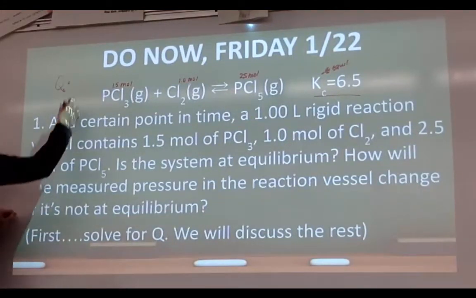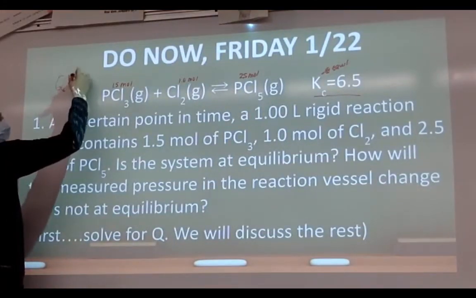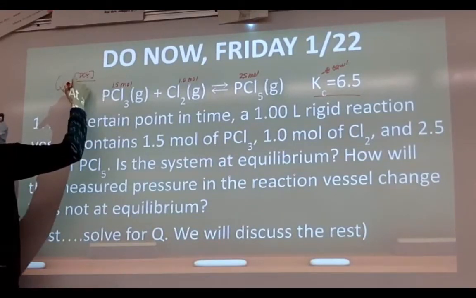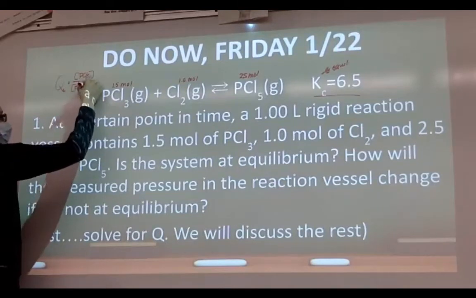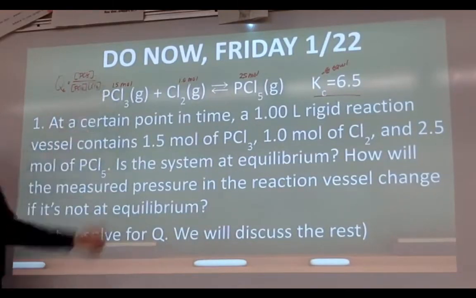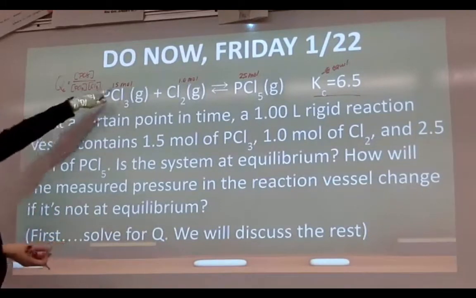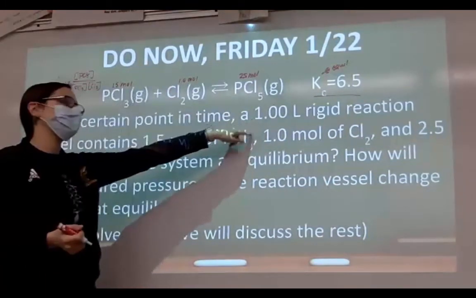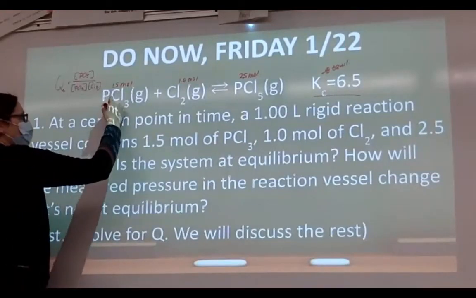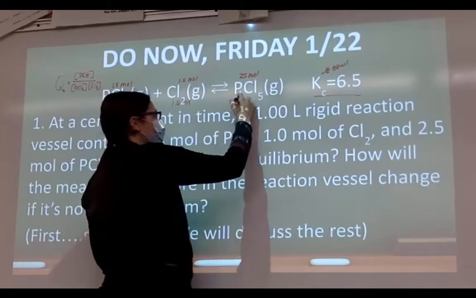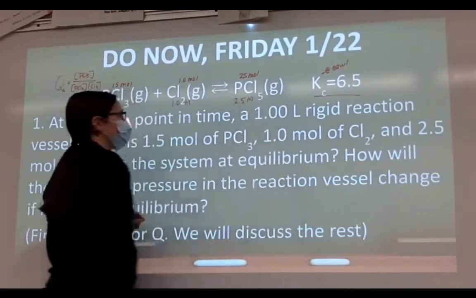at in the reaction. So if I do products, PCl5, over reactants, PCl3 times Cl2, I can solve for Q. I added brackets because it's Qc, which is concentration, moles over liters. It's a 1 liter container, so it's also 1.5 molar, 1.0 molar, 2.5 molar.